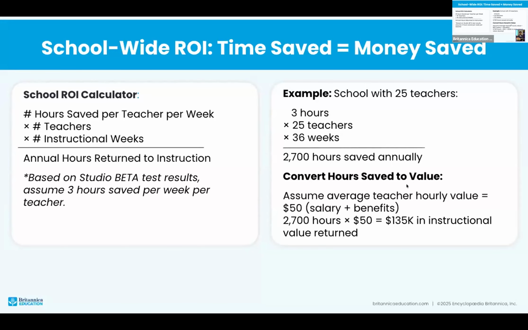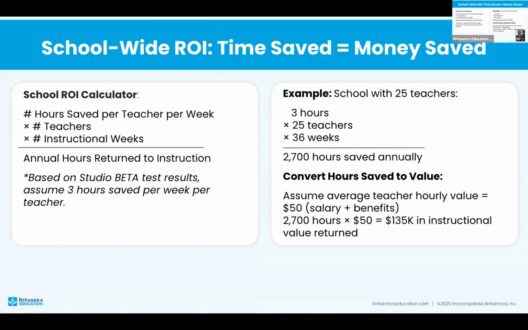If we want to convert that into value, let's assume an average teacher hourly value of $50. Now, 2,700 times $50 is 135K US dollars in instructional value returned to the school.